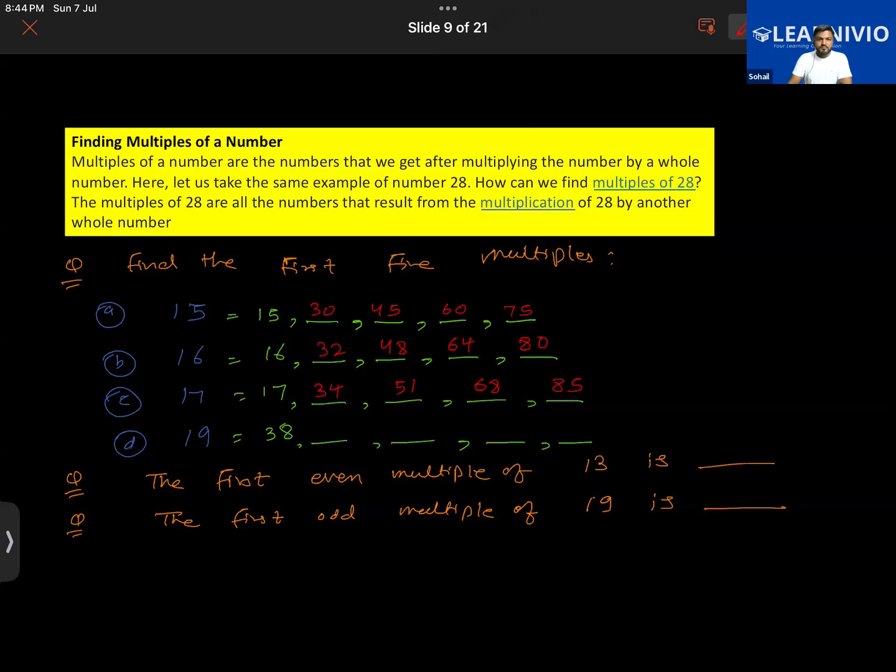I found the multiples of 18. You were told 18, but you have to find the multiples of 19.